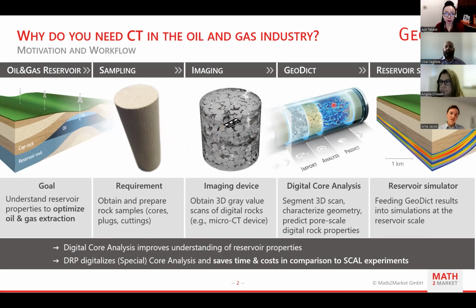Afterwards, you can use simulation software, for example, GeoDict, to analyze certain parameters of that image stack. That may be morphological properties, but also flow properties like permeability, flow resistivity, two-phase flow, electrical conductivities, and so on.